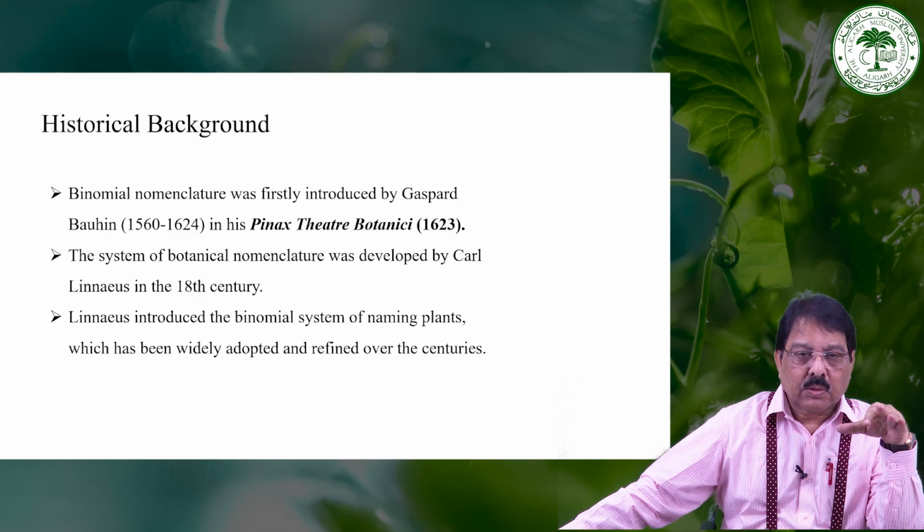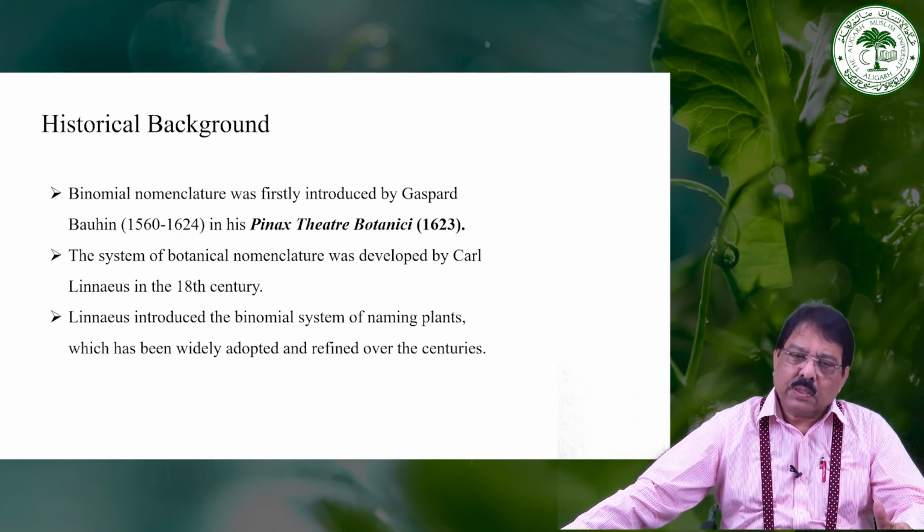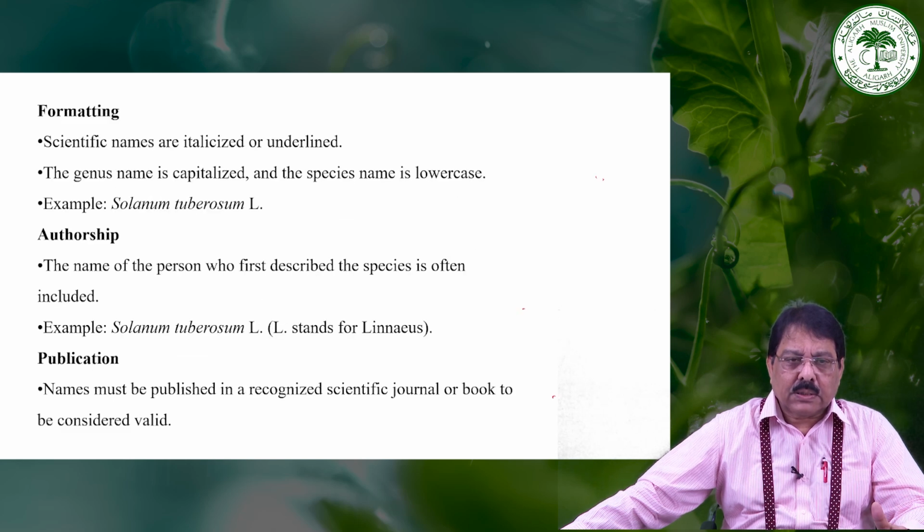We were talking about Bauhin. Bauhin in 1623 published the Pinax, and in the Pinax he used two words but lacking, as I have already told, the concept of genus and species.